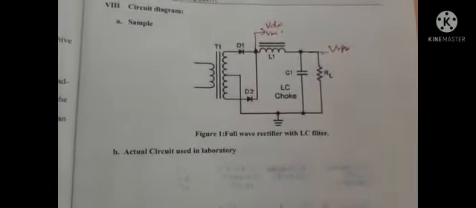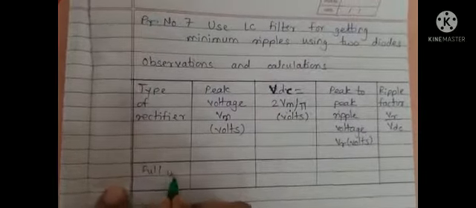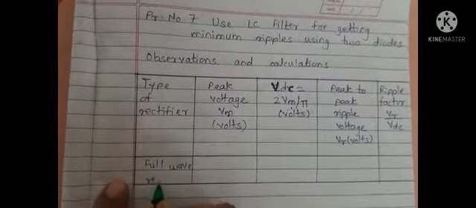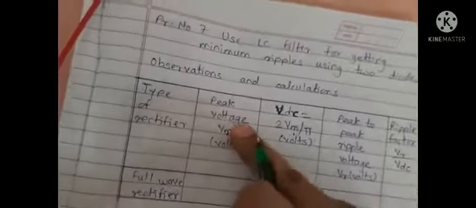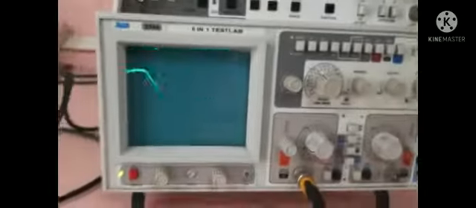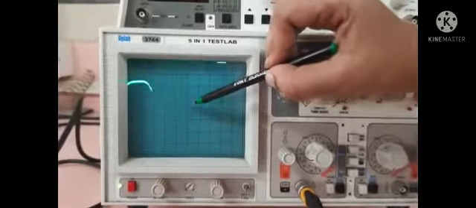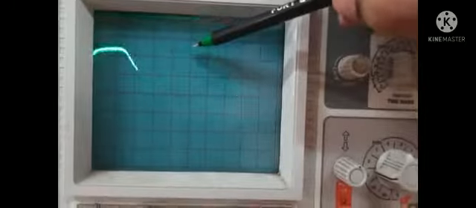Now we measure VM. This is the observation table for this LC filter. That type of rectifier is a full wave rectifier. Here we measure the peak voltage, that is VM. Switch on the CRO. From the ground level line, that is 1, 2, we get 2.4.